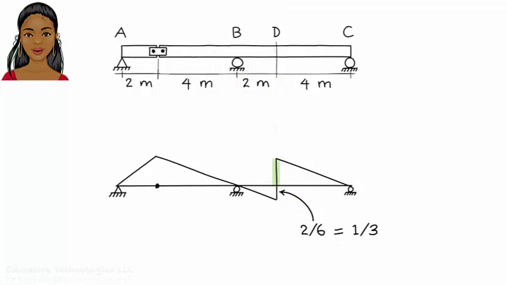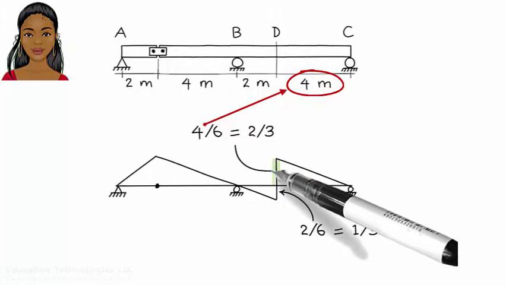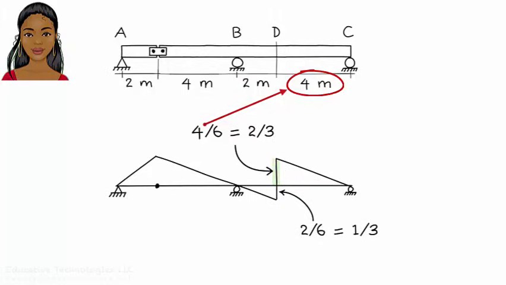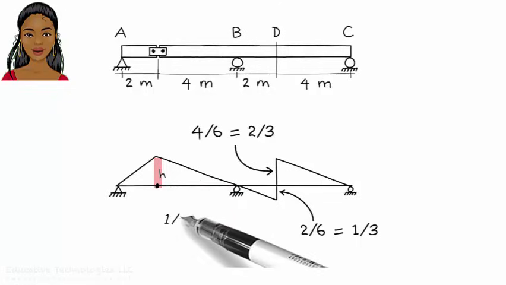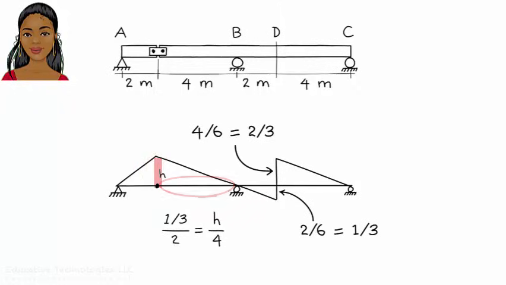The height at the positive side is 4/6, or 2/3. What about the height here? We can determine this height, let's call it h, using similar triangles. That is, (1/3)/2 equals h/4. This gives h equals 2/3.